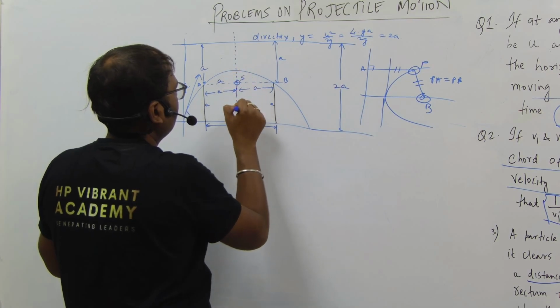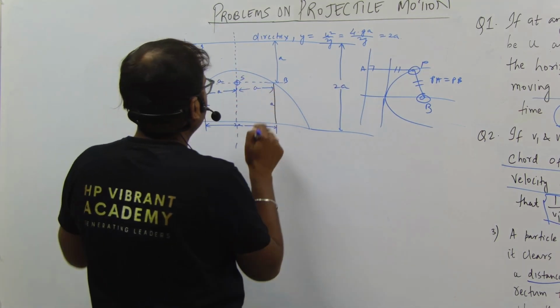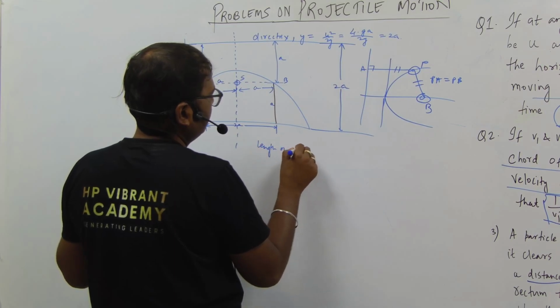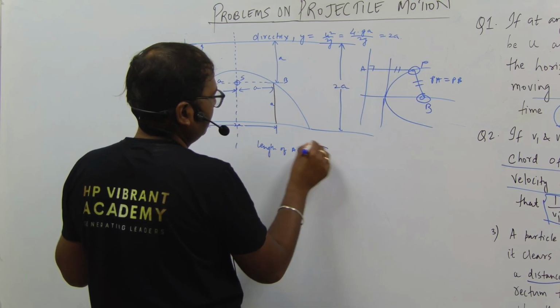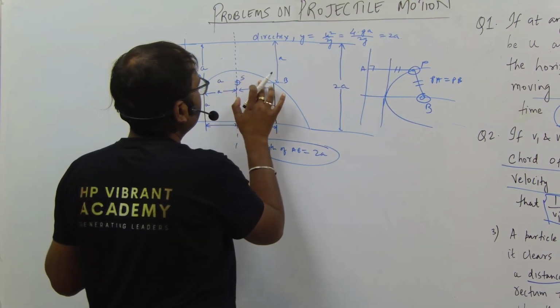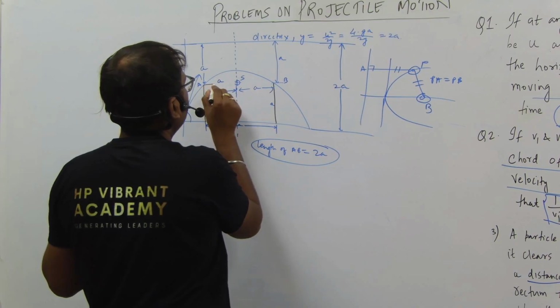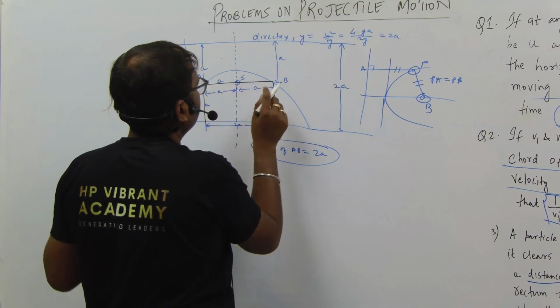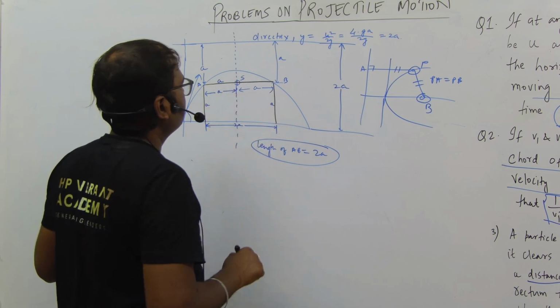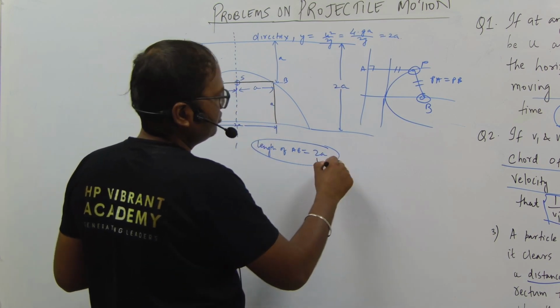So this is the axis of the parabola and this is our chord. So the length of AB is equal to 2a. The latus rectum is the focal chord that is perpendicular to the axis, so AB is our latus rectum, and AB is equal to 2a.